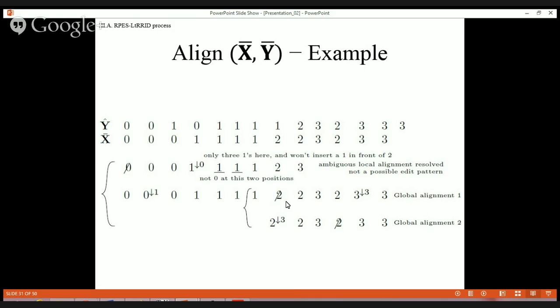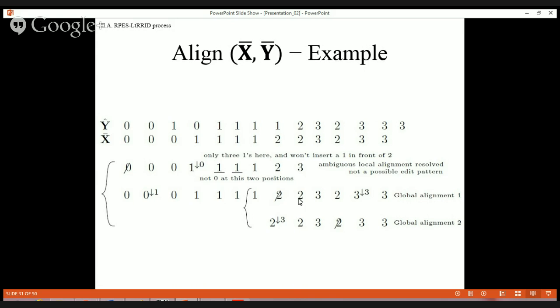It may also be an insertion in between, breaking this 2, 2 into 2 runs. And by checking the next symbol in Y hat, if an insertion happens, it must be an insertion of 3 here. So now there is an ambiguous local alignment. We start 2 different ways to align here.